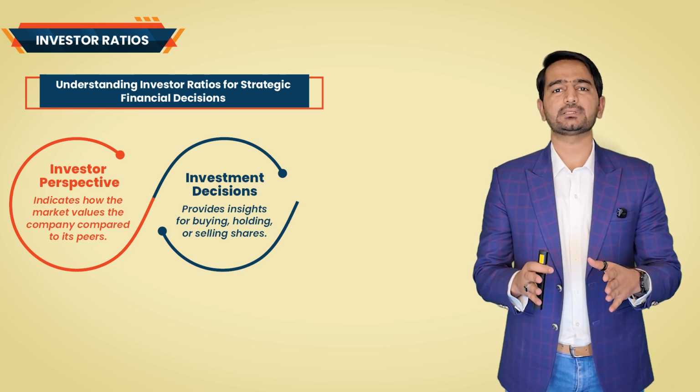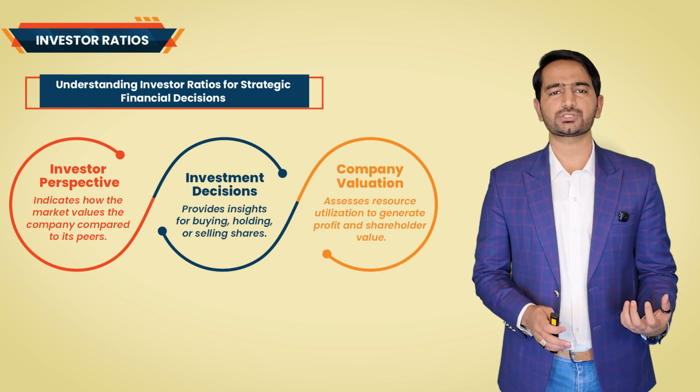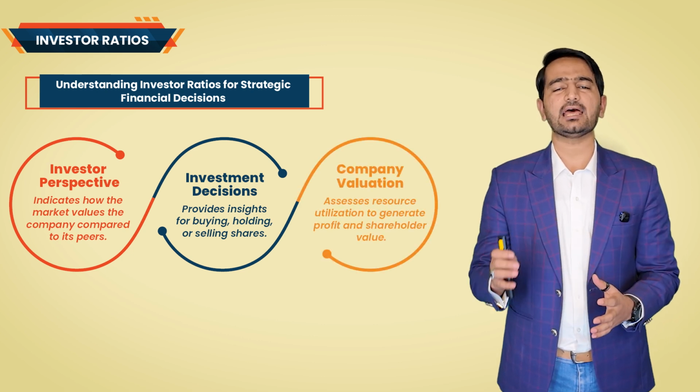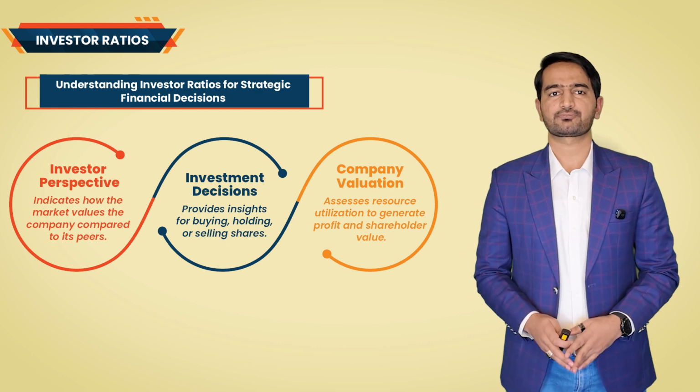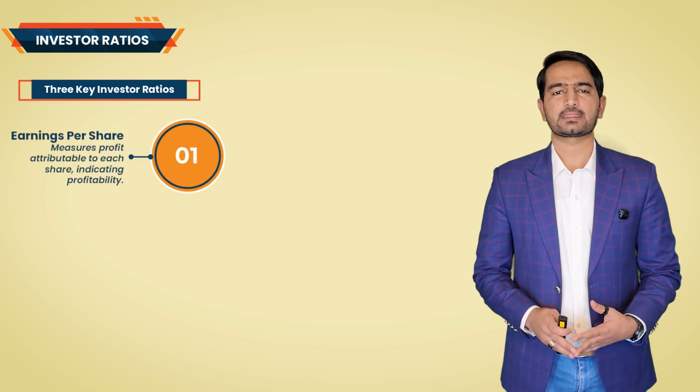And they also help us in understanding how well the company uses its resources to generate profit and value for their shareholders. Now, there are three key investor ratios that we are going to learn today. Number one, earnings per share, or in short EPS.